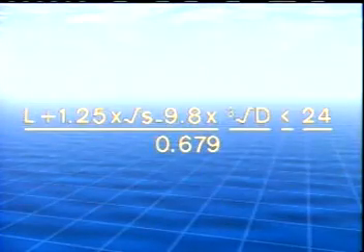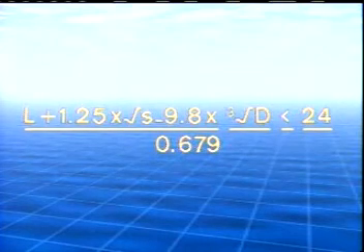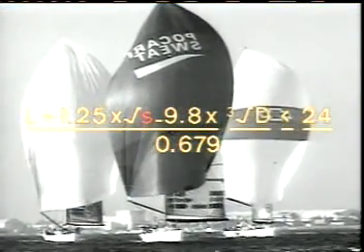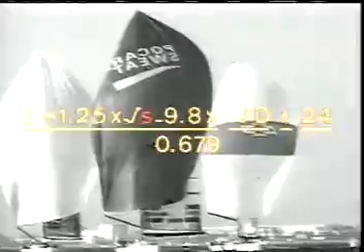To design a winning boat, Marshall must comply with a mathematical rule created by the racing committee. The rule is blindingly simple. It's a little arithmetic equation that relates three things that are fundamental to boat speed. Sail area, more of it in principle makes you go faster.